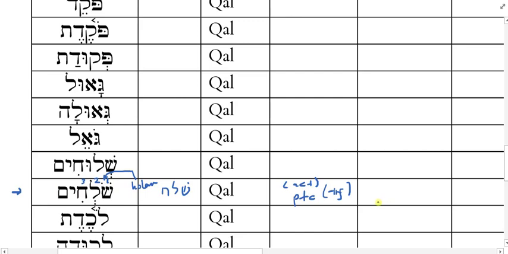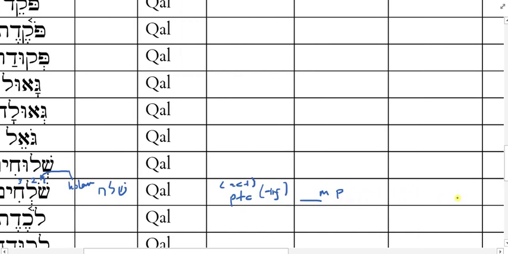And then there's the -im ending on the back side. So what gender number is this? It's masculine plural. Remember, the participle does not have person, so you do not have to put a 1, 2, or 3 before that. Only gender and number, no person. Participles are impersonal. Now, the question here in this column is, is this in the construct state, I think?